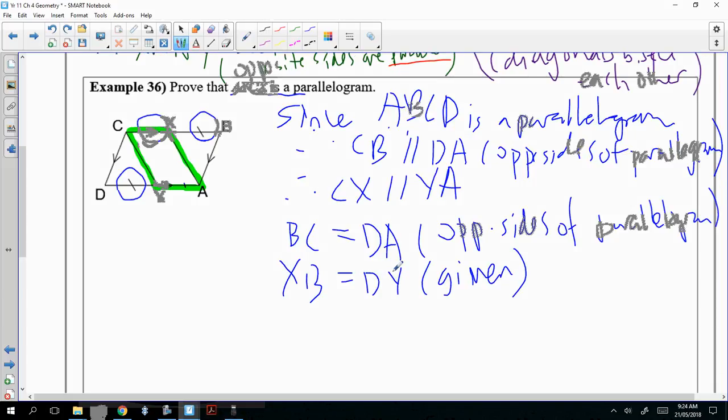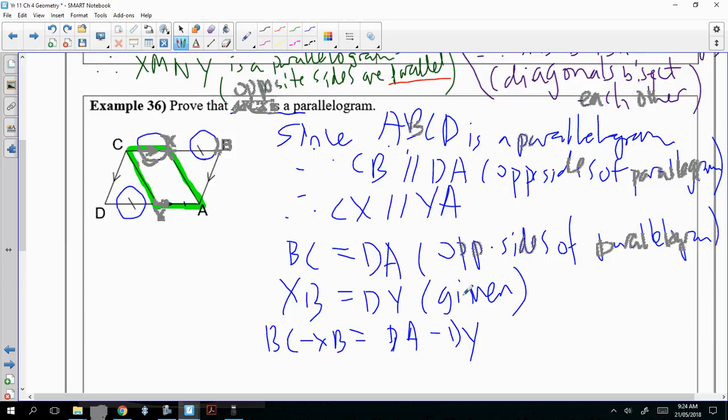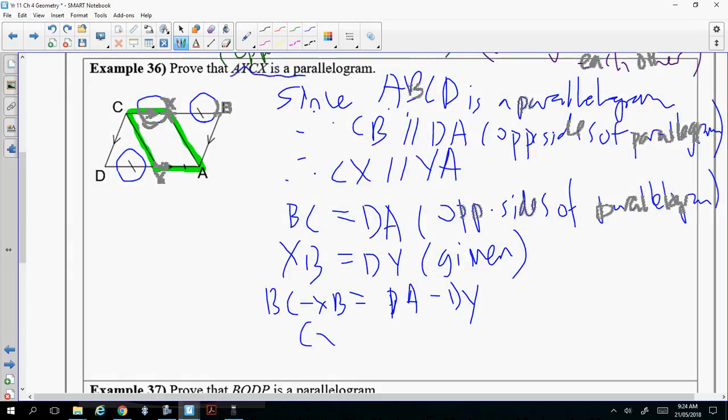So subtract these two, and once you subtracted them, BC minus XB equal to CX, and so is AY. So we prove that they are both equal and parallel.